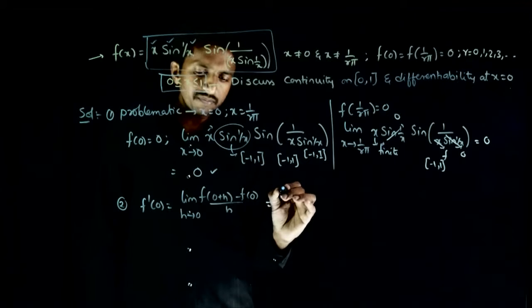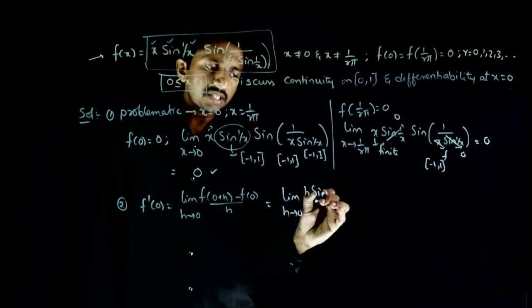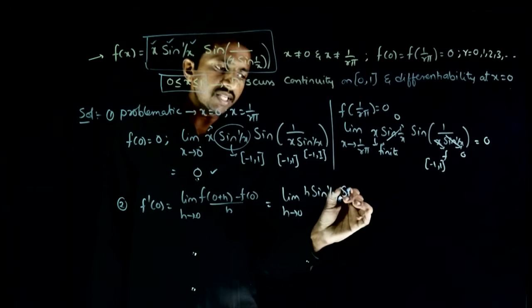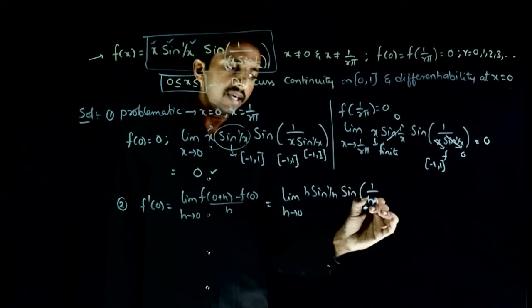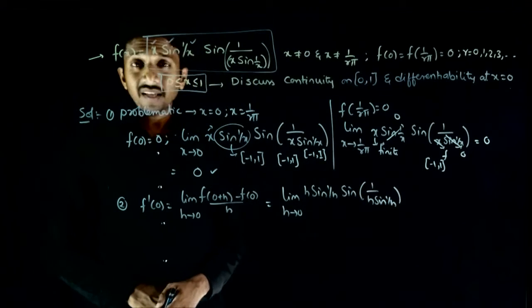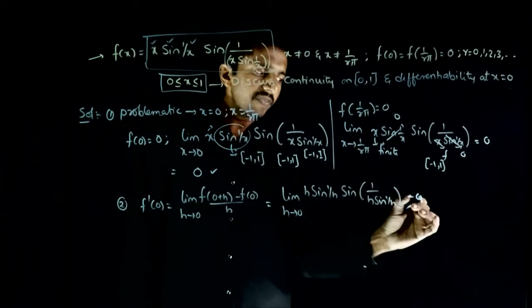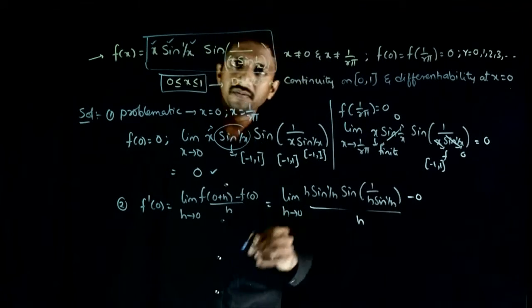What will f of h be? Limit h tends to 0, h sine 1 by h, and f of 0 is defined as 0, divided by h.